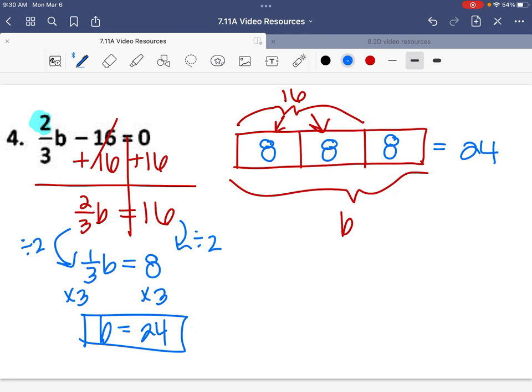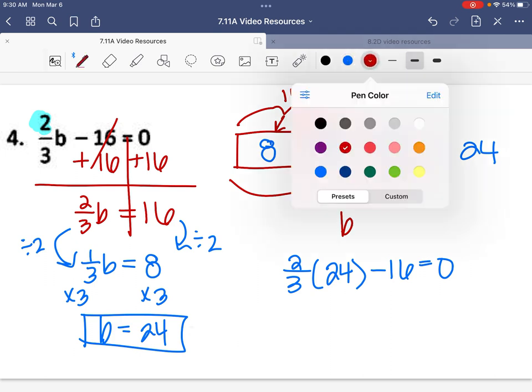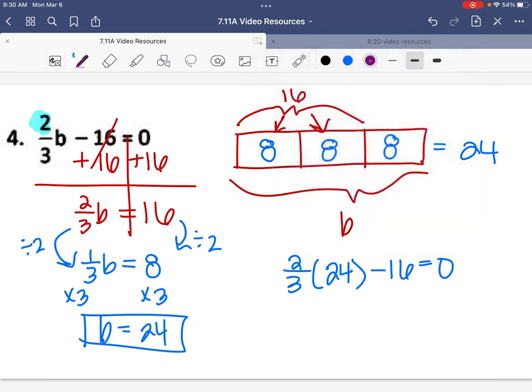All right, and we can still check our work. So if I have 2/3 of b, which we said is 24, minus 16, does that equal 0? So I'm still going to use a strip diagram to find what 2/3 of 24 is. So if 24 is the total, I want to know what 2/3 is.